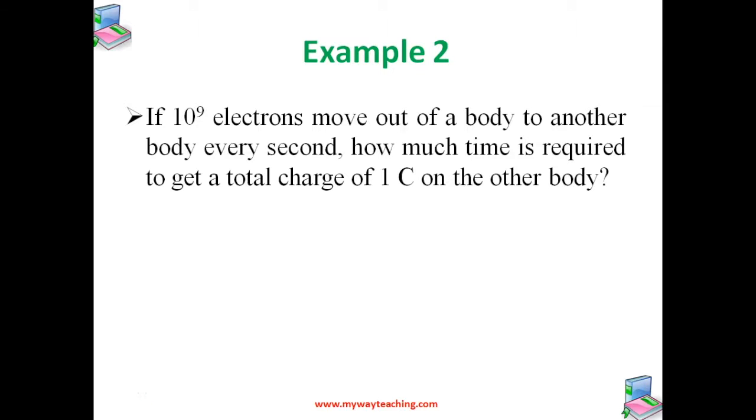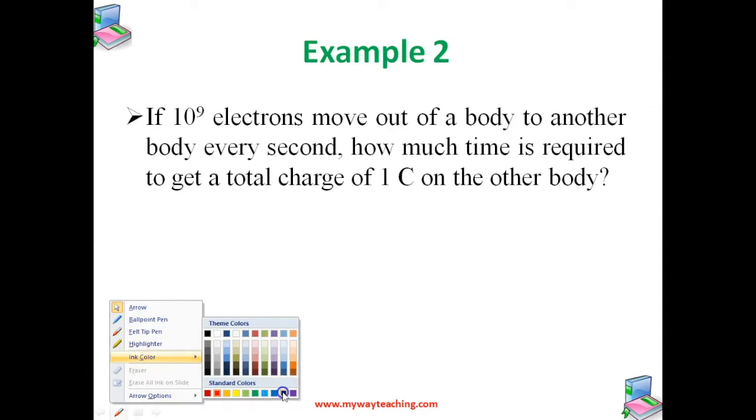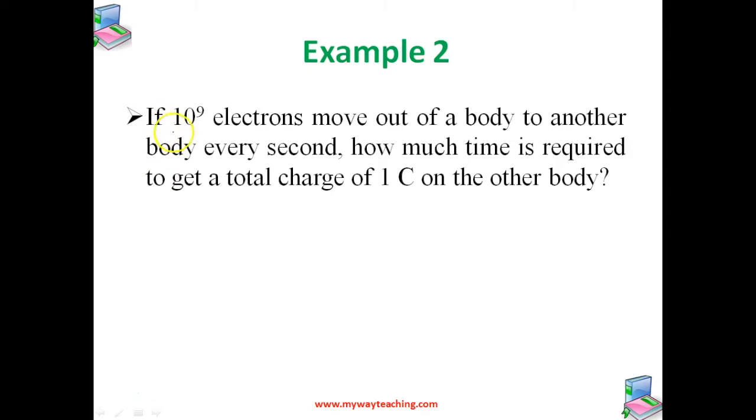In this part, let us solve a very simple problem. The problem statement is given here. If 10 raised to 9 electrons move out of a body to another body every second, then how much time is required to get a total charge of 1 coulomb on the other body?